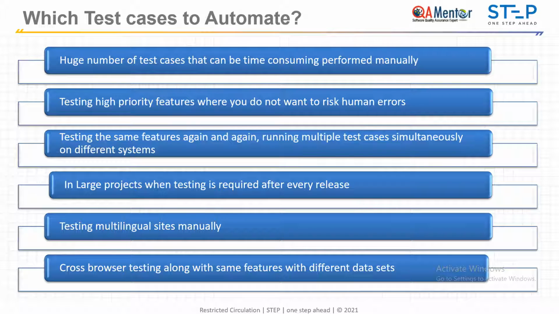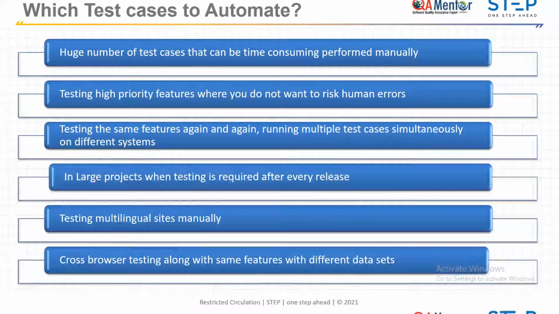So we need to run that test suite again and again. In that case, we need to do the automation. Otherwise, manually, how many resources can we keep, and how many resources can do that same type of testing again and again? So we need to think about which test cases are feasible for automation, as well as useful for the business to automate.